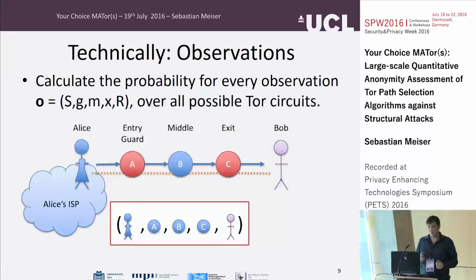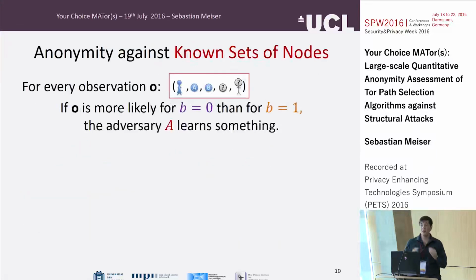All right. What do we do then? We say for every such observation, for every 5-tuple there is, if this 5-tuple is more likely if the bit is 0 than if the bit is 1, that's bad, right? Because that means the adversary can learn something from the 5-tuple. Even if it cannot completely and immediately break anonymity, it can infer information about the recipient, just because the probabilities are different.